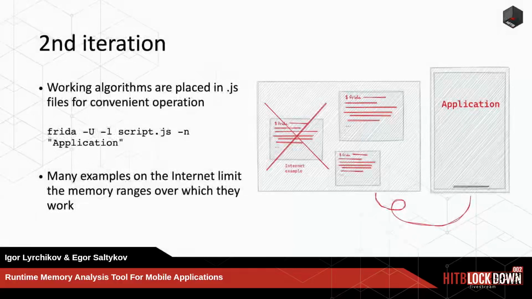At the second stage, we built our JavaScript file, which could already be run directly from the shell. And we found that many code examples we encountered on the internet use only the last element of the memory array to look for a pattern in it, thus skipping almost everything else.